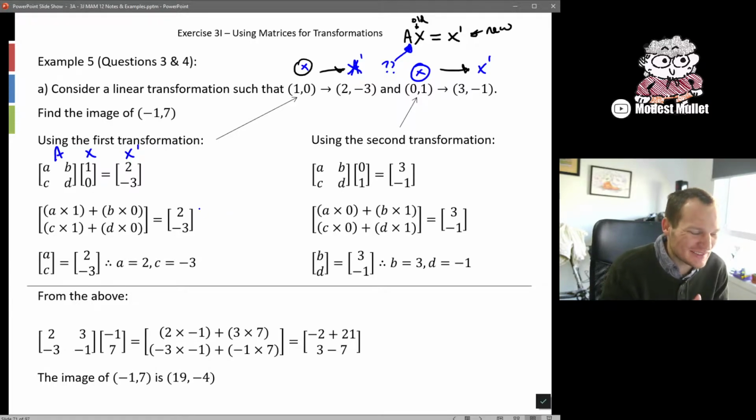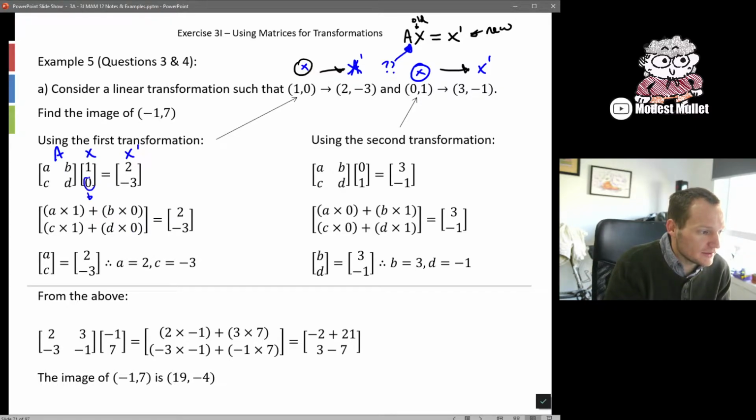Or it's sort of like simultaneous equations, because we have two transformations when we're trying to figure out just one transformation matrix. So we can sub in a, b, c, and d for our transformation matrix, put in our first X and our X dash, and then perform the multiplication going down this way.